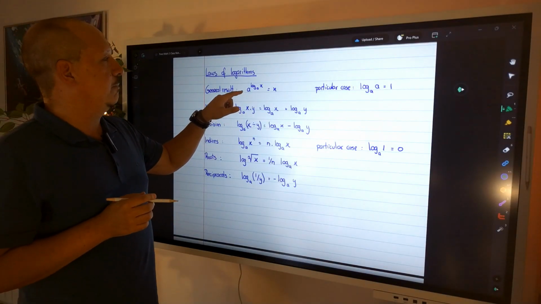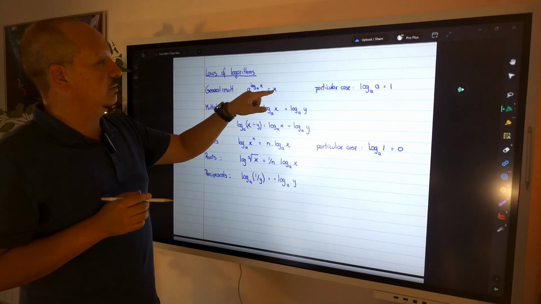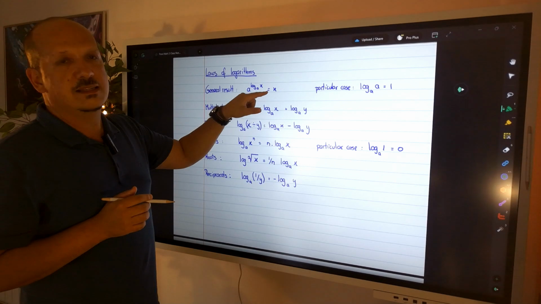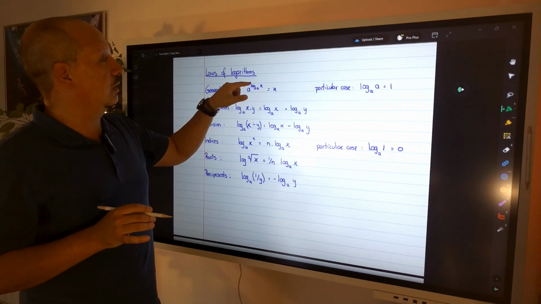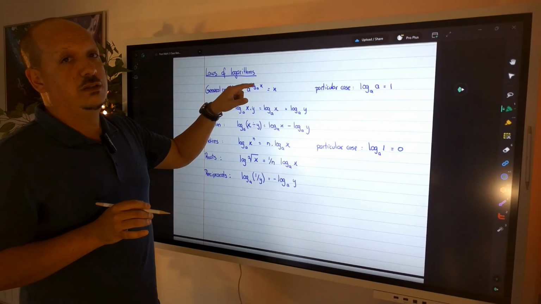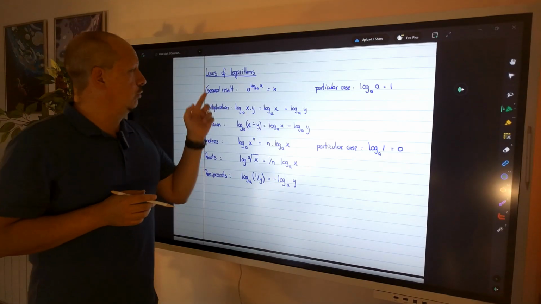Similarly, if you have a to the power of logarithm base a of x, this is going to cancel that. So this is just going to be x. 7 to the power of logarithm base 7 of 3 is just 3. Then you have the rule of multiplication.